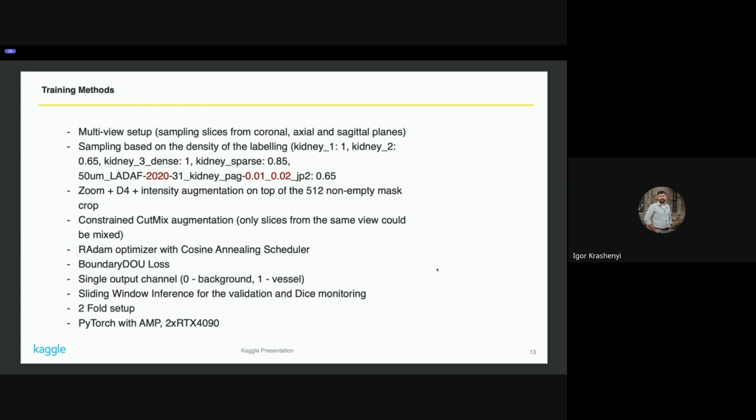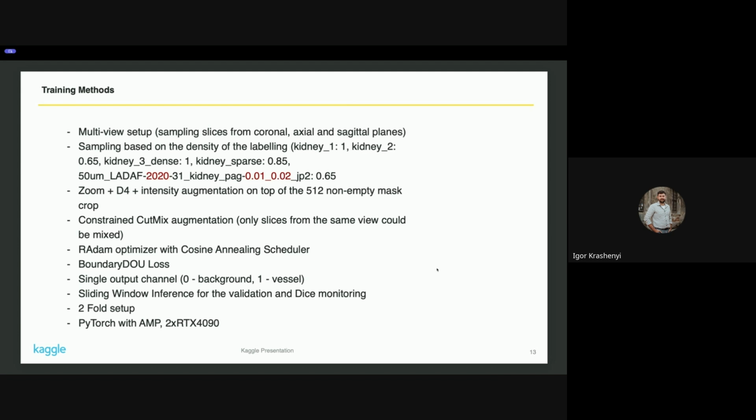What to do with the pseudo labels? After visual inspection I decided that they're quite noisy, so I applied a high threshold for binarization, pretty much the same threshold as for kidney 2. During the training, I used zoom augmentation, which helped a lot, and D4 augmentation as well.